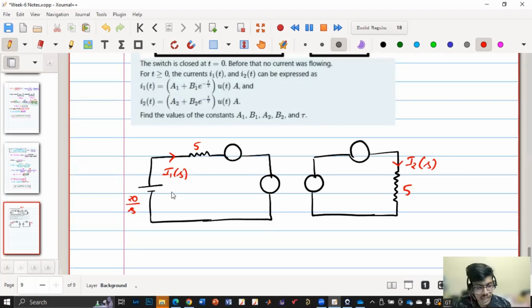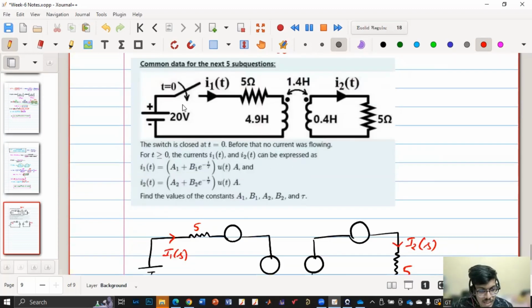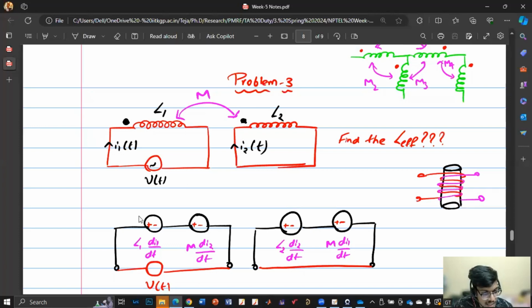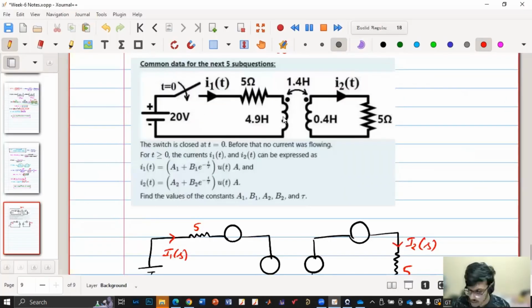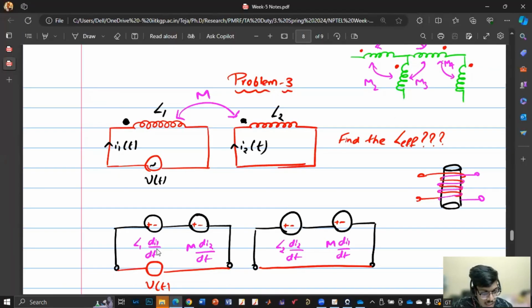First, we'll start with L. We realized that whichever terminal the current is entering, that is plus for the self-inductance. So if it is entering this terminal, this is plus, this is minus. And what will be the value? The value of the voltage source is current into S into L, because now we are in the Laplace domain.